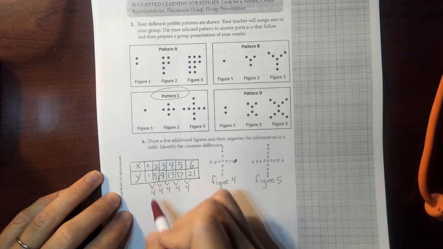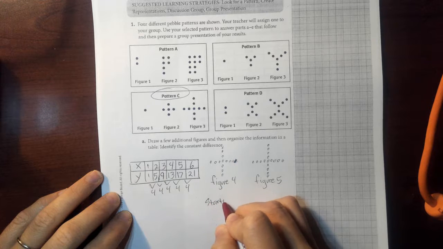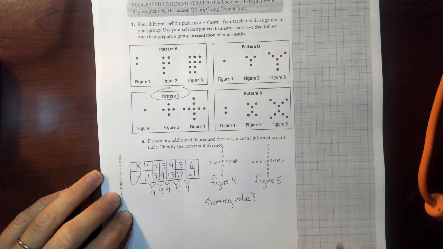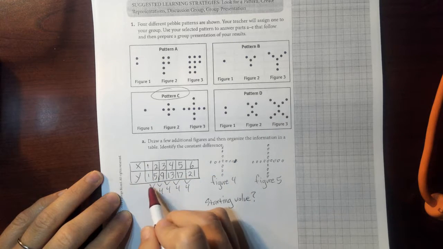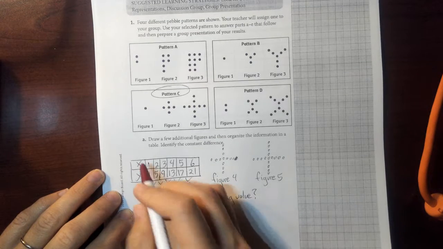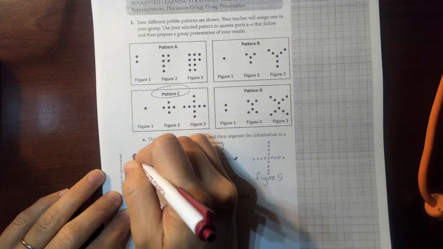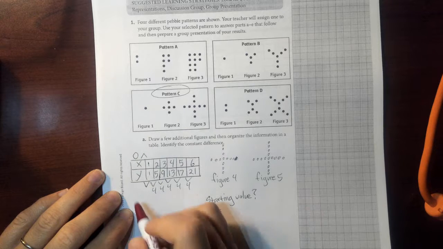So I need to figure out what my starting value is, so I can write my expression. So remember, if I add 4 to get the next one, I can subtract 4 to get the previous one. So if I want to get what the value is when x is 0, then I'm going to have to subtract 4.